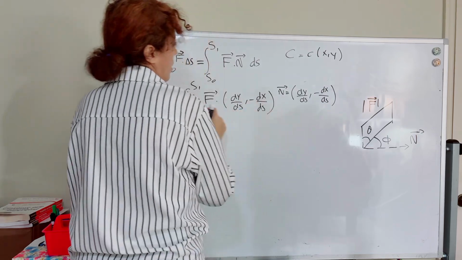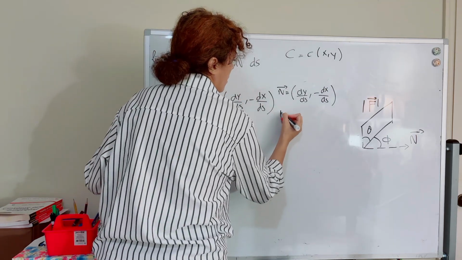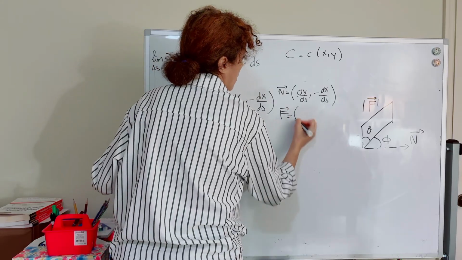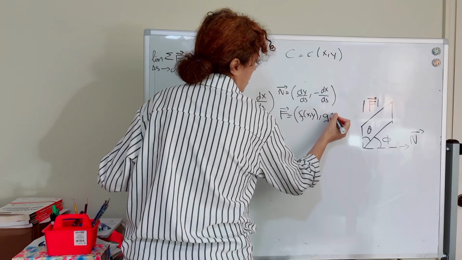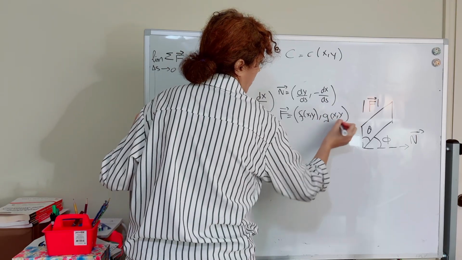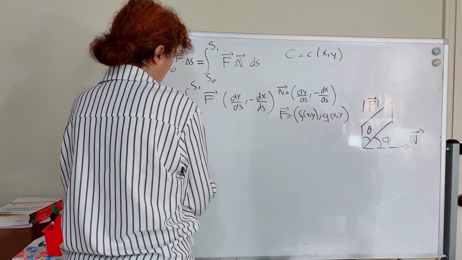And we know that F is just f of xy, g of xy, as it was defined at the beginning.